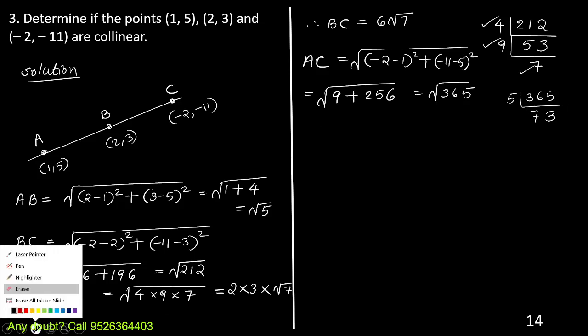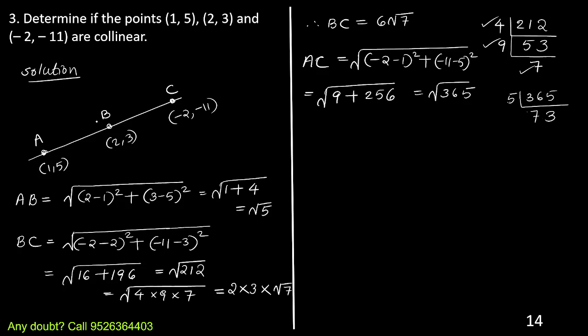The three points will be said to be collinear if the picture is like this: AB plus BC must be equal to AC. If the picture is like that, it is clear that AB plus BC will be AC. So how will you check whether the 3 points are collinear or not? You have to pick up the greatest side. One is root 5, the second one is this, the third one is this.